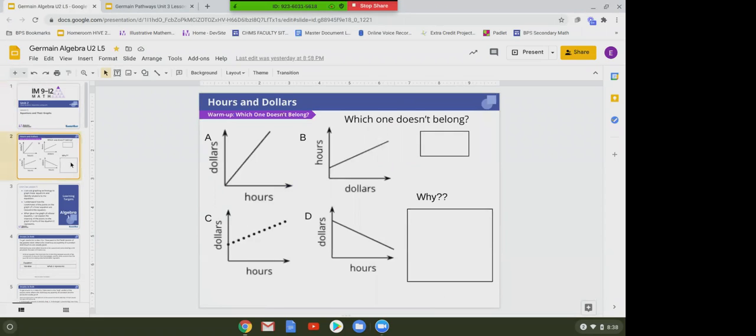You're taking 2 minutes right now to decide which graph doesn't belong, A, B, C, or D. Type that letter in the box here and tell me why. There's not much room in the book, but I need you to tell me which one you feel does not belong and why.